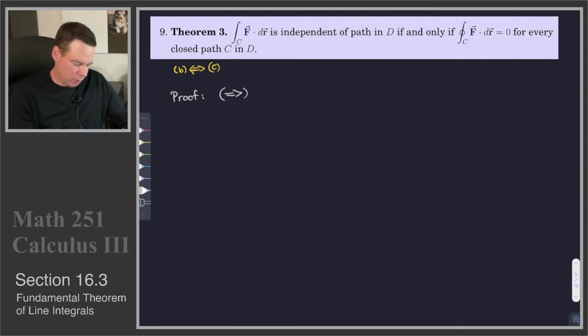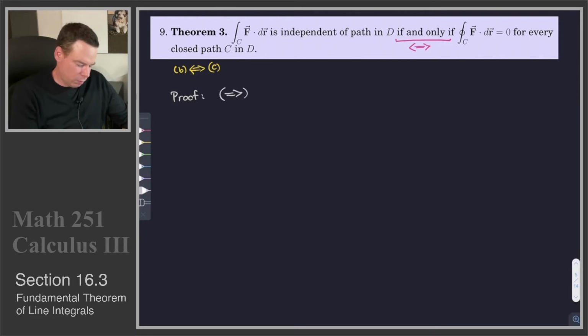You might say, well, where am I getting the direction from? In the statement of the theorem itself, there's an if and only if. So that's a conditional that's telling us that if it's independent of path, then the integral is 0 for every closed curve. But then the reverse implication is also true. So that's what if and only if means. And so we're just going to prove the first implication.